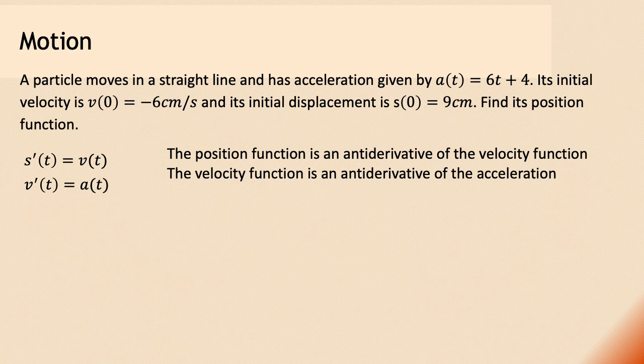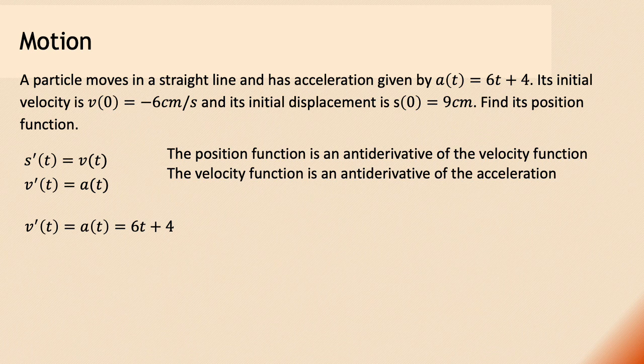The velocity function is the antiderivative of the acceleration. So the derivative of the velocity is 6t plus 4.